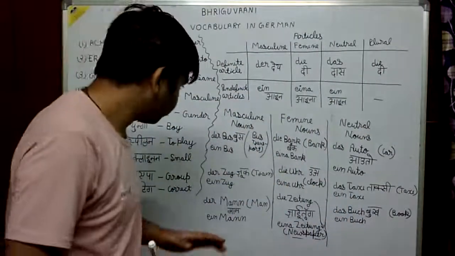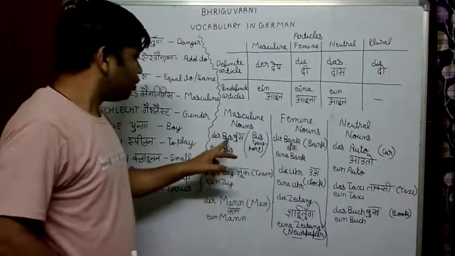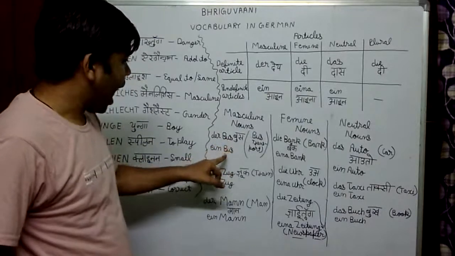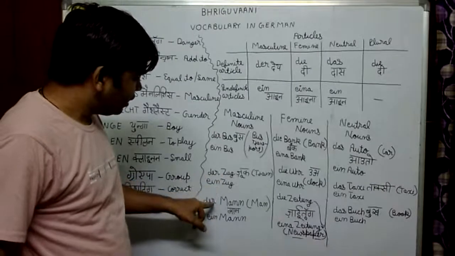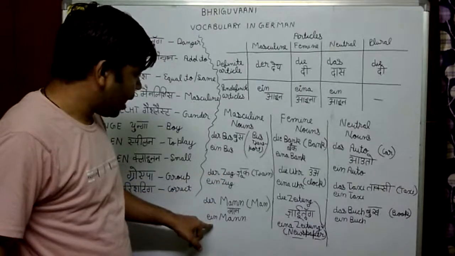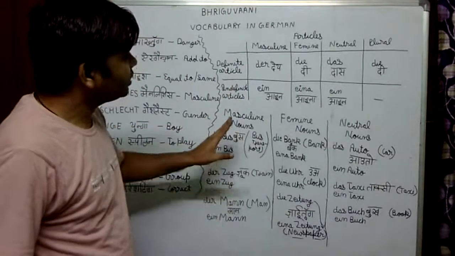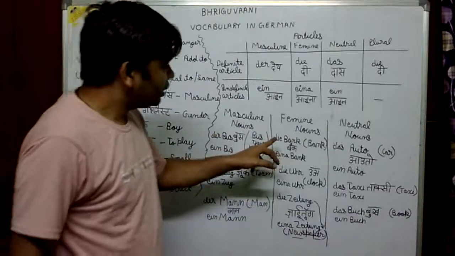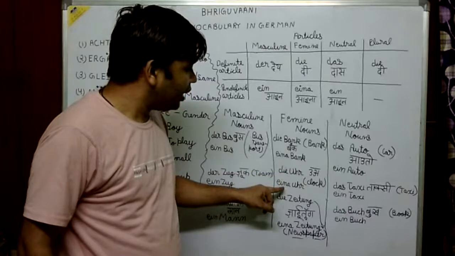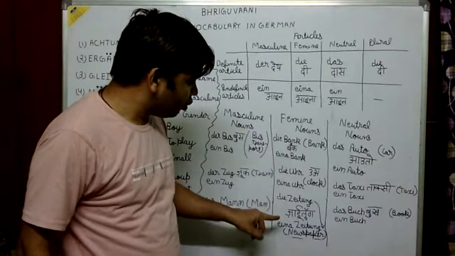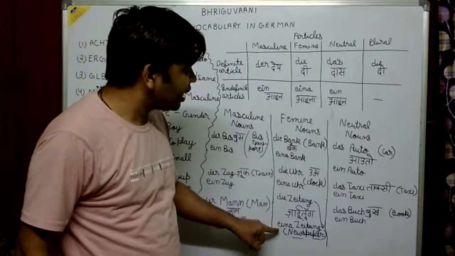Der Bus, ein Bus, der Zug, ein Zug, der Mann, ein Mann. These are the masculine nouns. Die Bank, eine Bank. Die Uhr, eine Uhr. Die Zeitung, eine Zeitung.